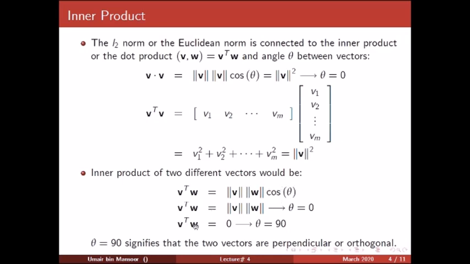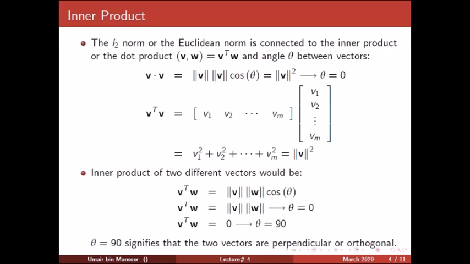On the other hand, if these two vectors have a theta of 90 degrees, this relation will become 0, because cosine 90 is 0. So you are left with a 0. Theta of 90 signifies that the two vectors are perpendicular, or by a more famous name, orthogonal.